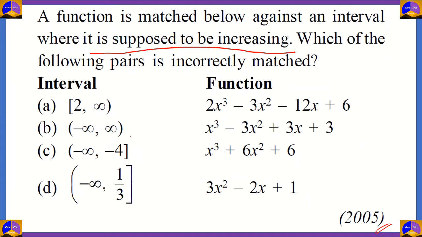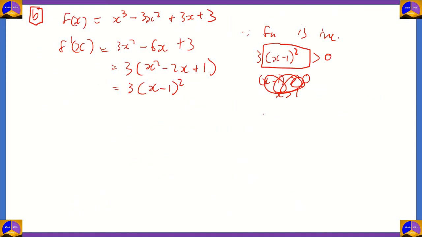So even if you have an interval minus infinity to infinity, and even if it's open or closed, the function will still be increasing because you have a square term in its differential. So therefore this function is increasing and the interval is correct. So therefore option B is incorrect.